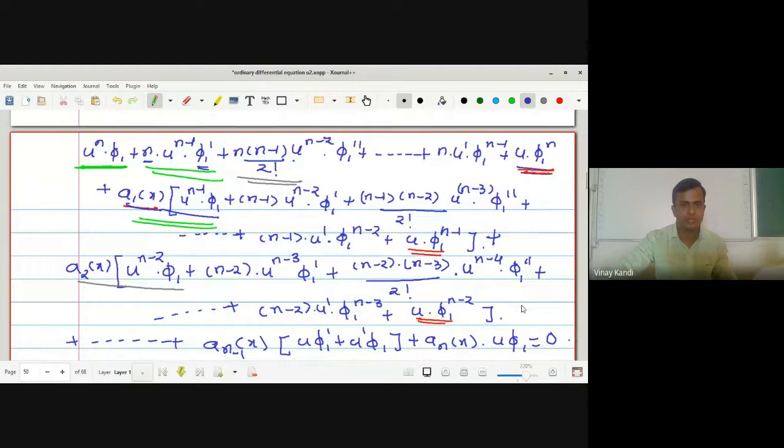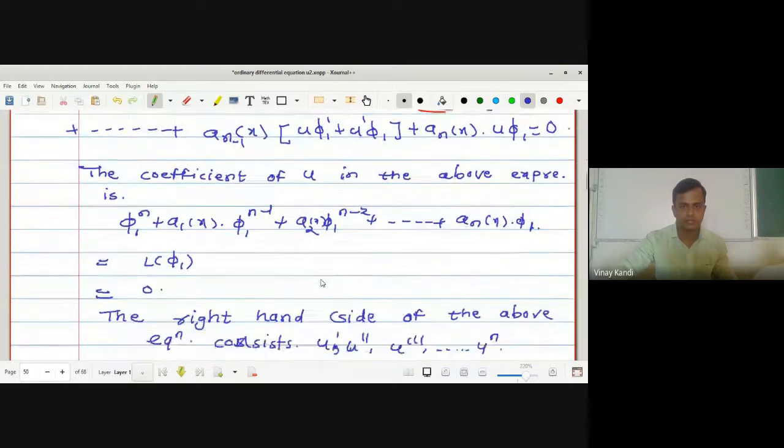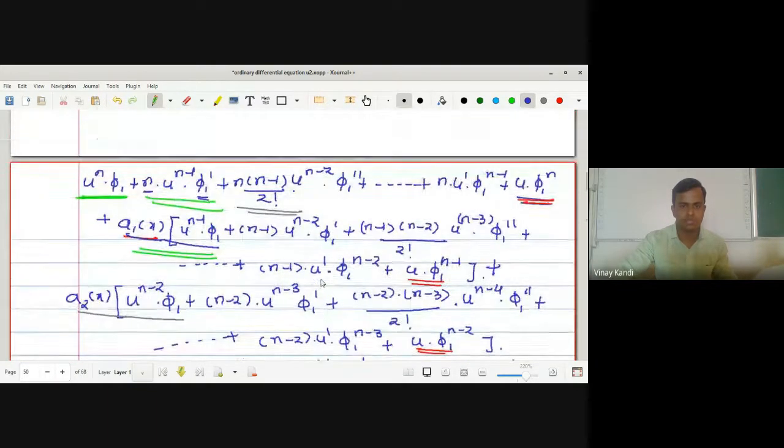u raised to n minus 1. For u raised to n minus 1 the coefficient here is a1 of x into n minus 1. Okay, phi 1 dash. Here what will be the coefficient of u raised to n minus 2?